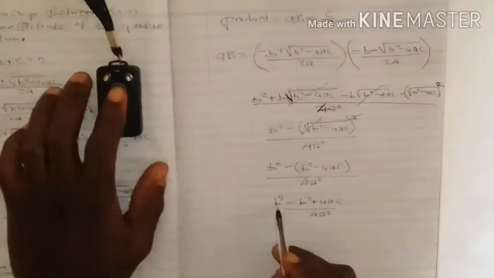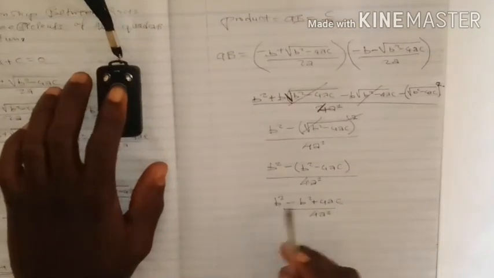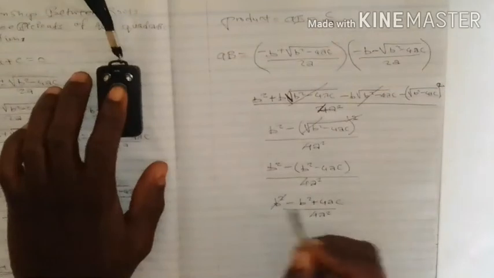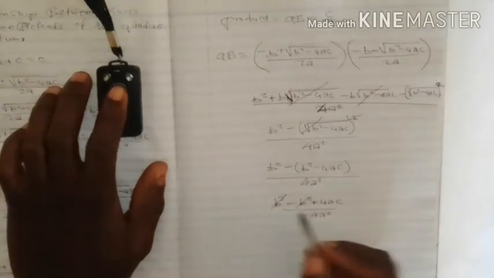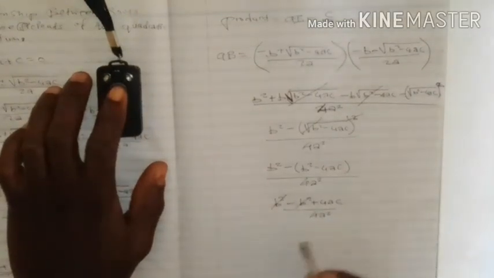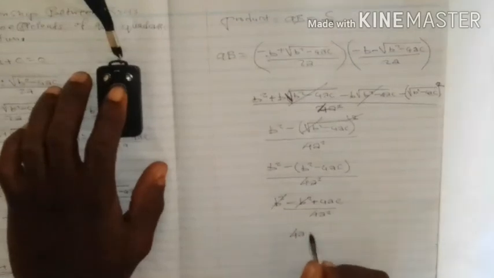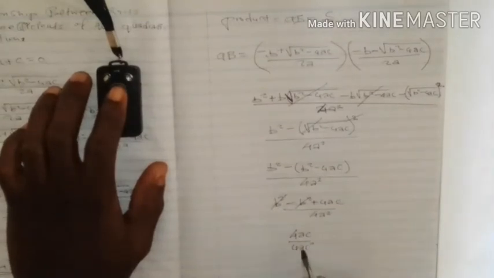At this level, we are going to realize that b squared minus b squared adds up to 0, so we cancel them. Then we are going to remain with 4ac over 4a squared.